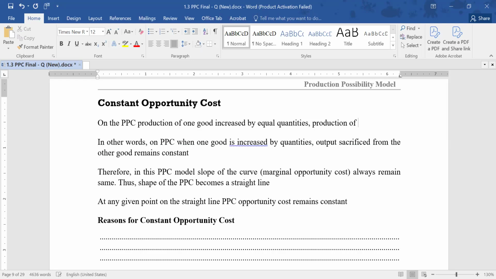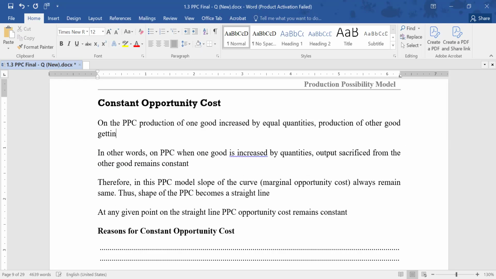Production of the other good getting reduced by a similar amount. Right? On the PPC, production of one good increased by equal units. Equal units, we'll put units here. That's easy.